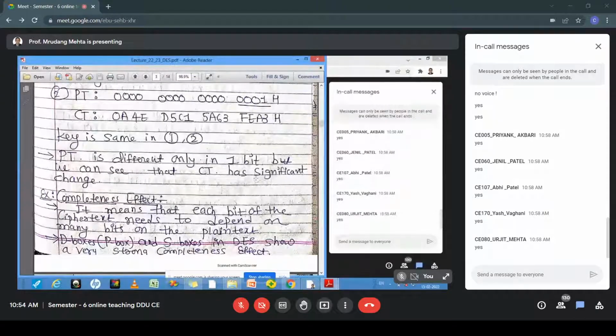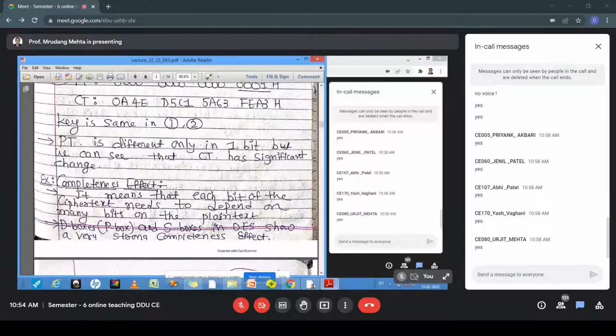So the second effect is the completeness effect. It means that each bit of the ciphertext needs to depend on many bits of the plain text. This is a mapping where many plain text bits create a dependency on 1 bit of the ciphertext, right?